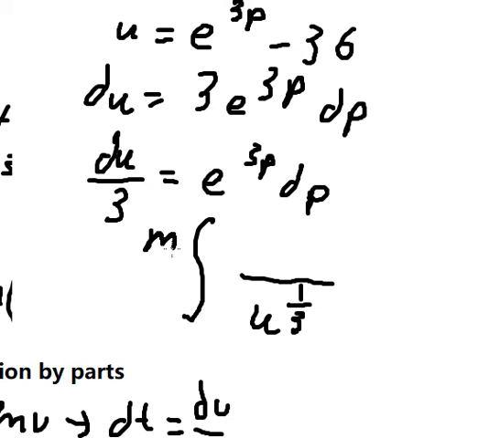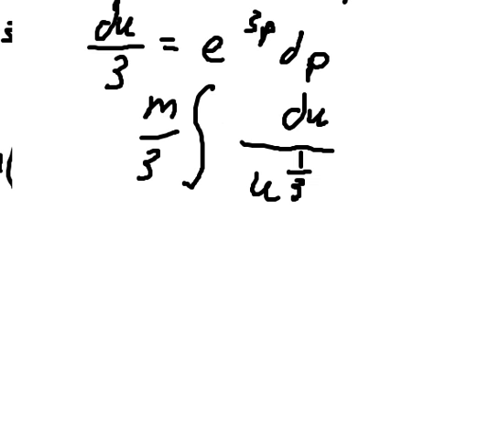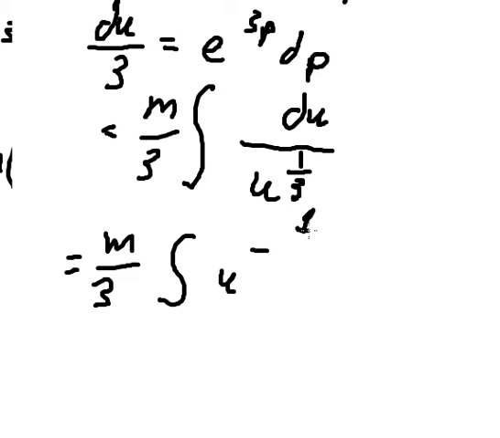So we have m over 3, I will put in here. And this one I can write into u to the power of negative 1 over 3 du.